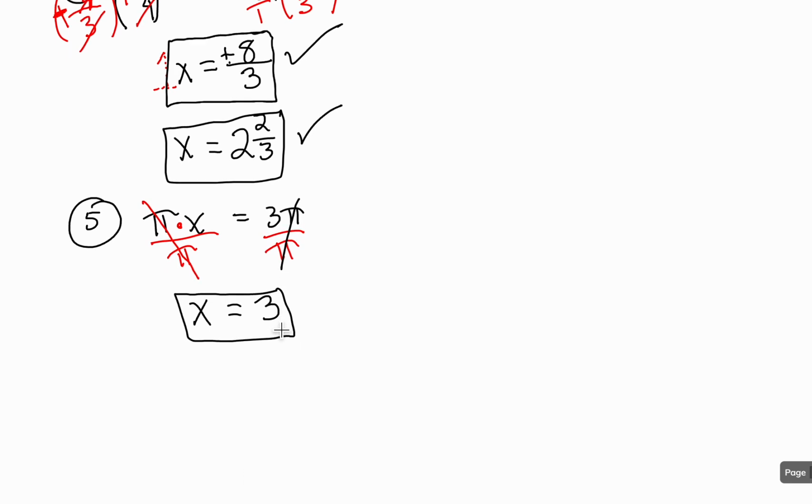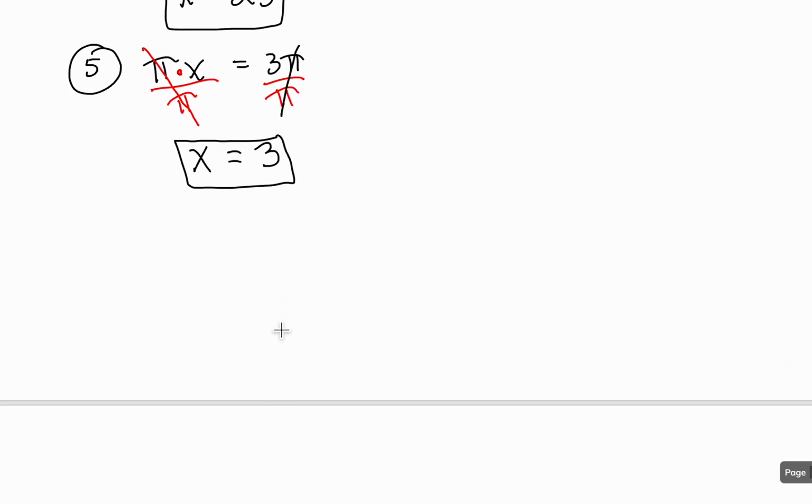Now, where it gets a little bit more complicated is when we have more stuff going on. So 5 pi x, and I'm starting to think about this as being a times equals 15 pi. And since I see that multiply, I'm going to divide, do that inverse operation.